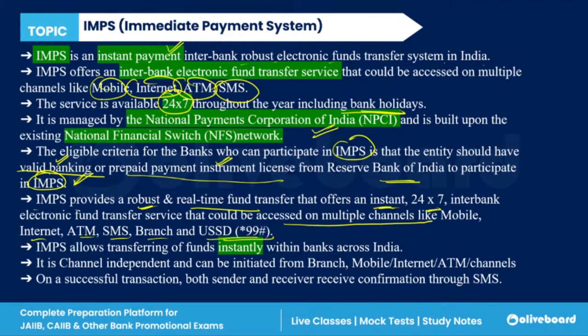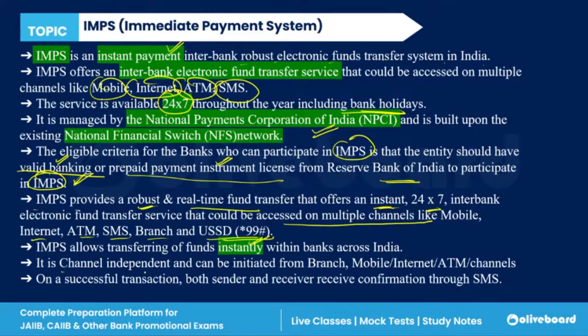This can be done using mobile, internet, ATM, SMS, branch, or even by calling the USSD number, that is *99#. It allows you to transfer funds instantly, and that instant transfer is given by IMPS.